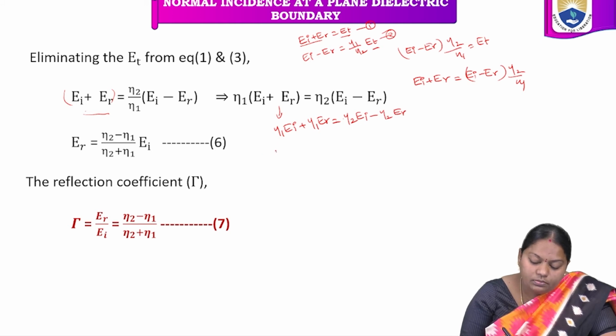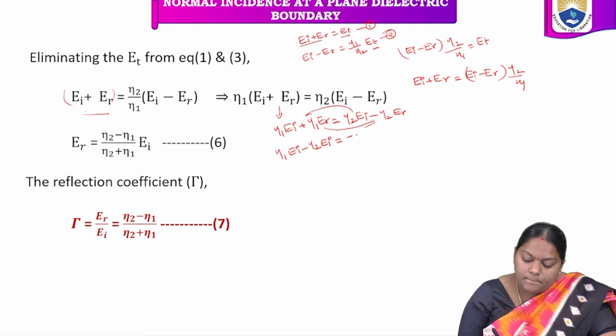Hence, eta 1 EI minus eta 2 EI equal to, taking this term to this side and this term to this side, minus eta 1 ER minus eta 2 ER.